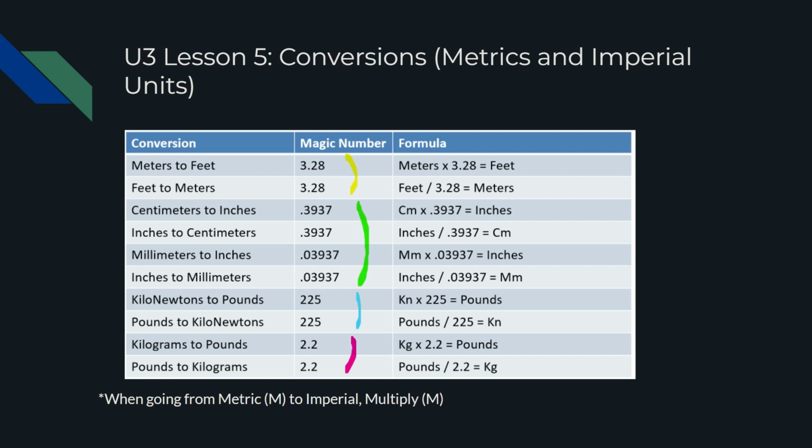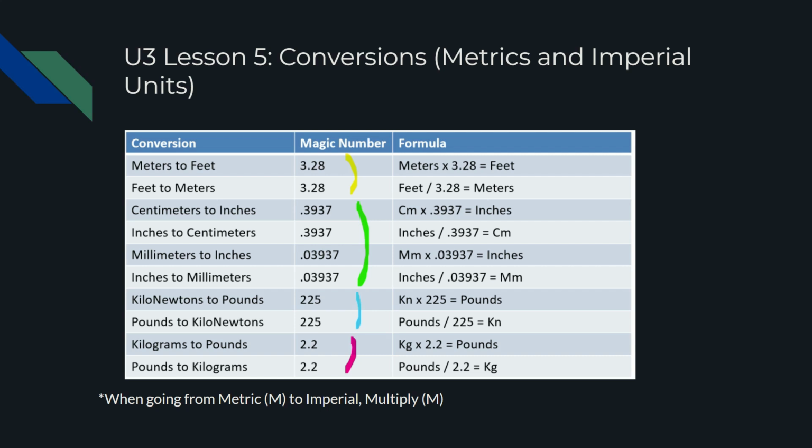Kilonewtons to pounds. Kilonewtons is a measurement of force. So it's like when something takes a shock load, that's a kilonewton. And that is 225. And lastly, we'll have to remember kilograms to pounds, which is 2.2.